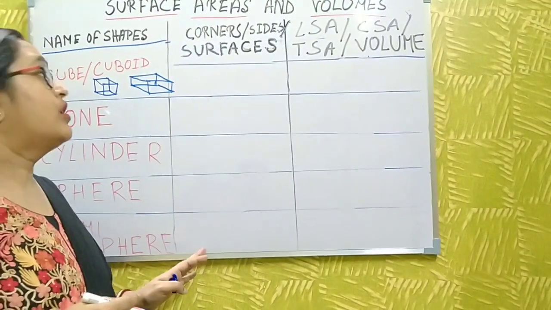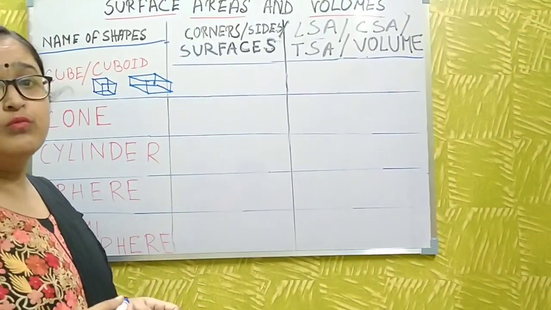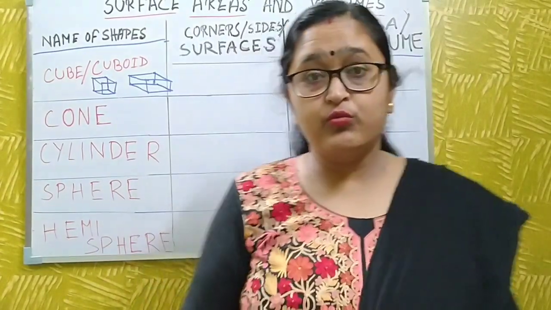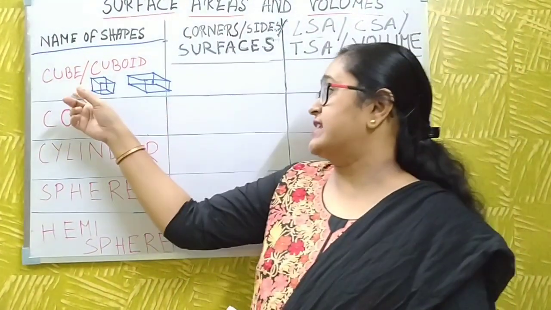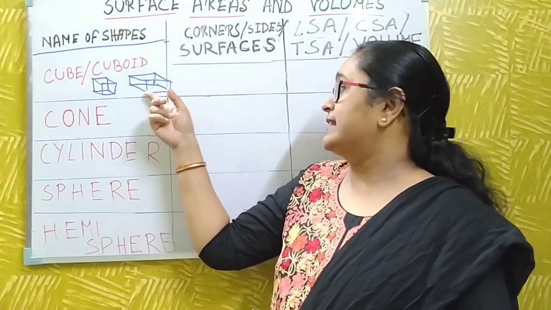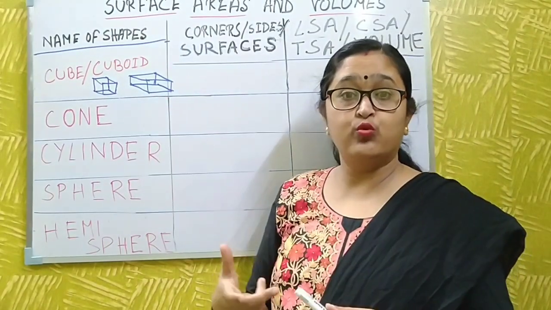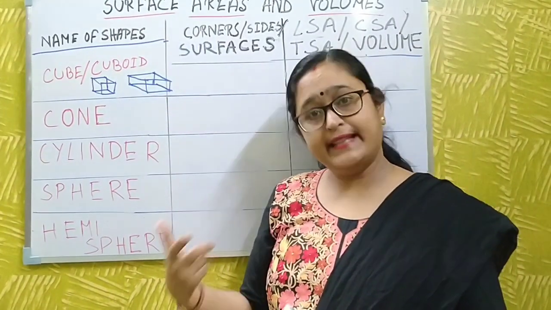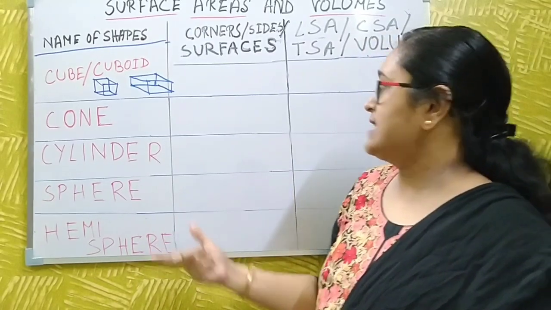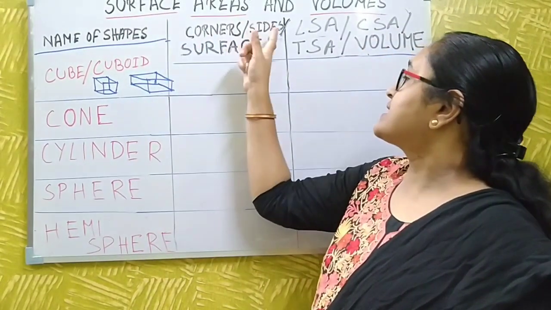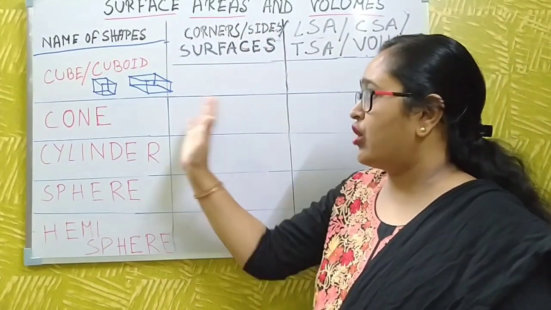Do you know where you see a cube? The ice cube. The dice is an example of a cube, and other examples of a cuboid are a book, a brick, just like this. Now I discuss the corners, sides and surfaces of a cube.